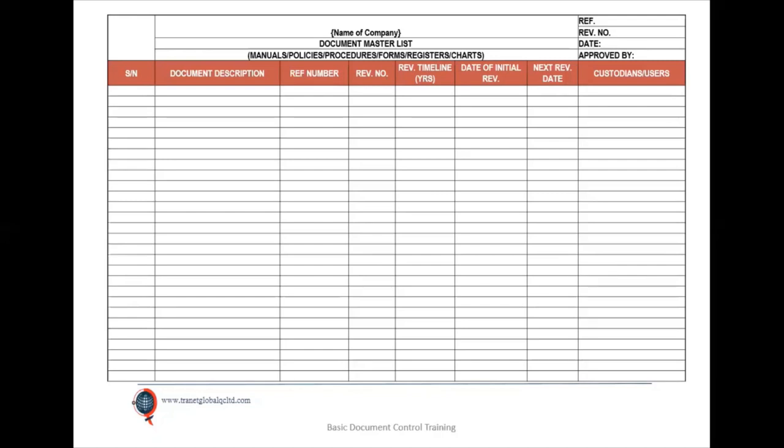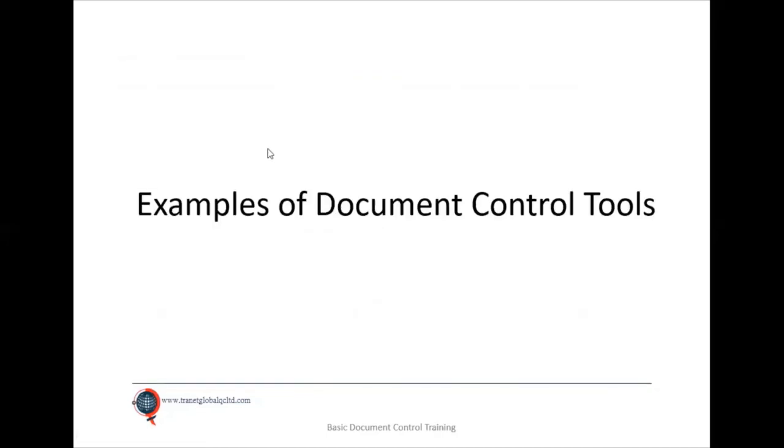So remember, we said earlier that all documents must be reviewed and approved prior to use. So let's get back to the document master lists. Before, we were trying to see examples of some document control tools.